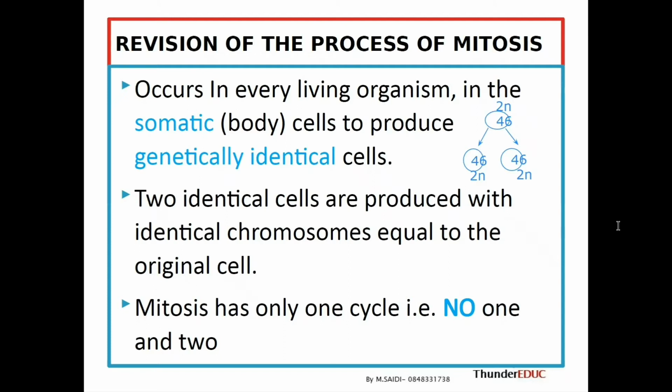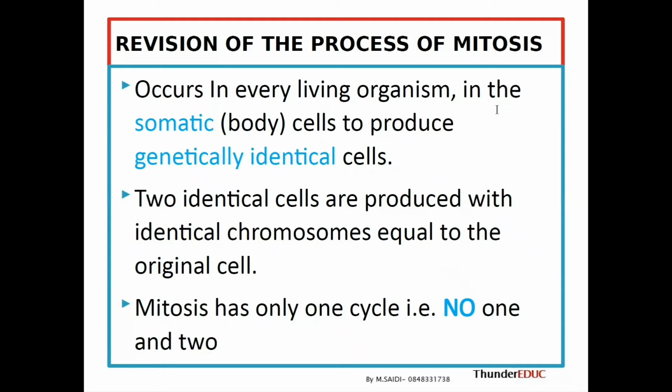So here everything is diploid. So there's only one division here. We don't have a second mitotic division, whereas in meiosis we have a first and second meiotic division. So only here we are having one division, that is in mitosis.